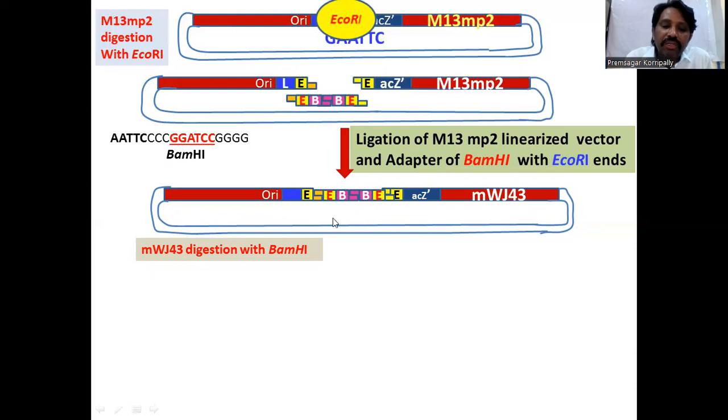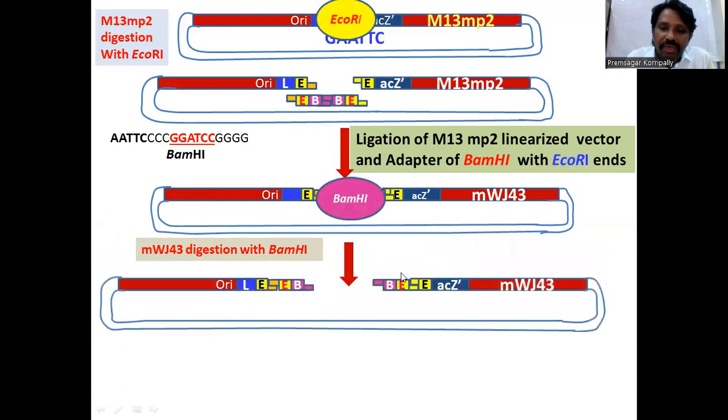To insert more restriction endonuclease sites, MWJ43 is again digested with BamHI. After digestion with BamHI, MWJ43 is linearized. That linearized vector is again ligated with an adapter which has SalI and PstI sites in the center and BamHI at the ends.